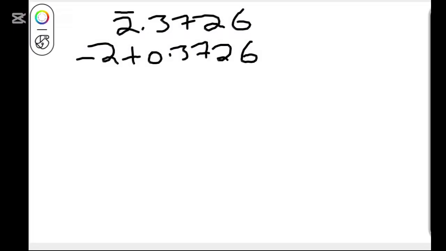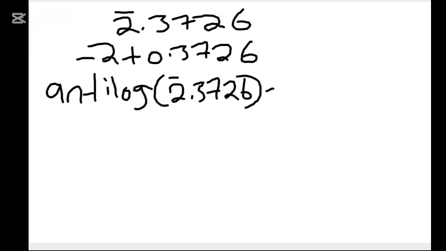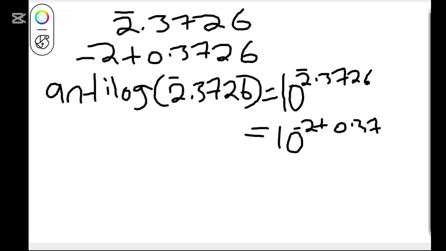So the next thing that you are going to do is that the antilog of this is the same thing as 10 to the power of 2 bar 0.3726, or it is equal to 10 raised to the power of -2 plus 0.3726.